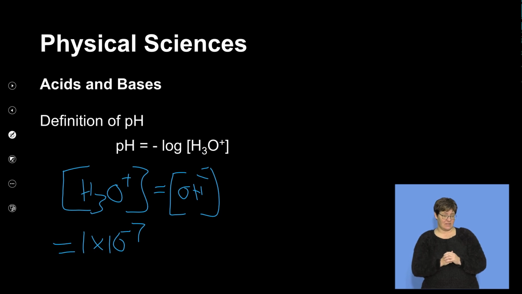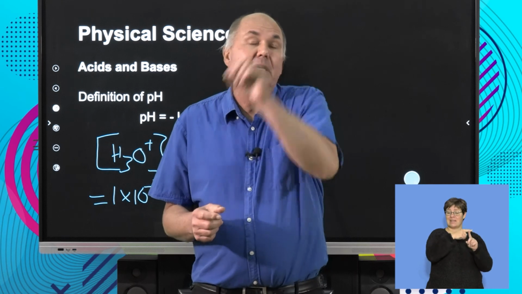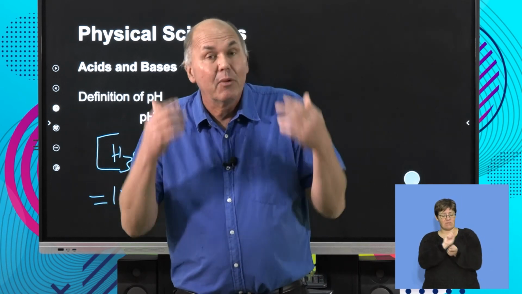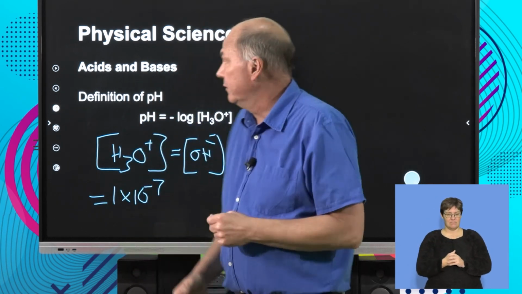And if you multiply that together, you'll get 1 times 10 to the minus 14. So by looking at the log of the hydrogen ion concentration, the minus 7 becomes 7. So it's actually quite intuitive in that respect.